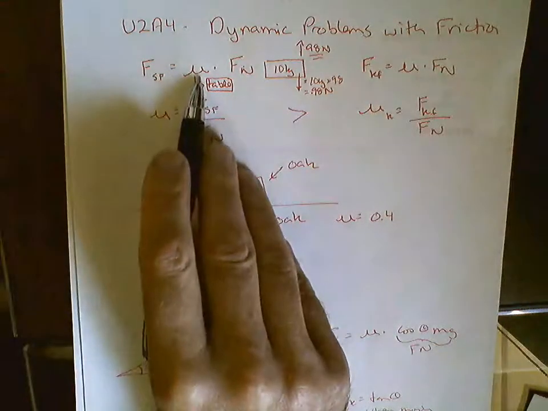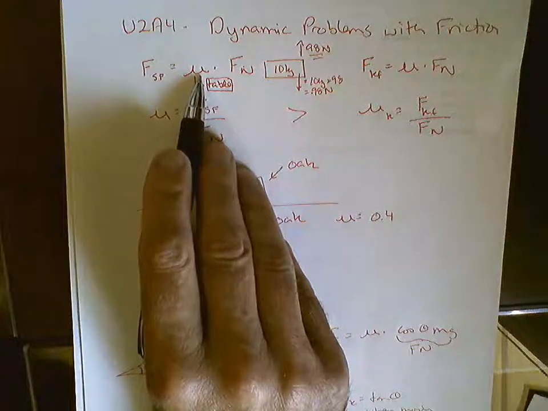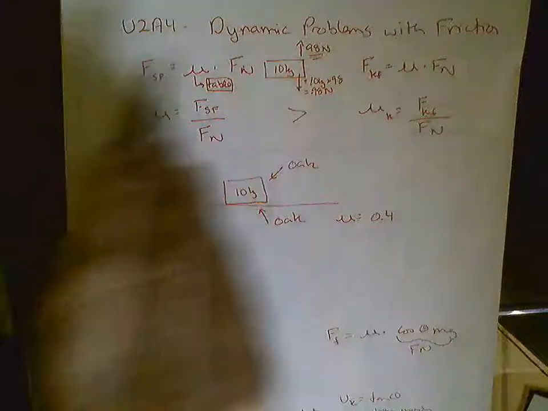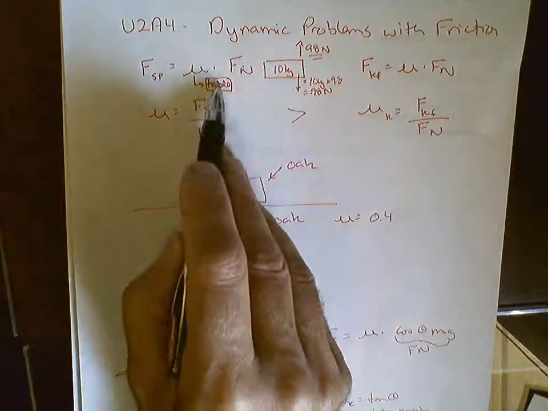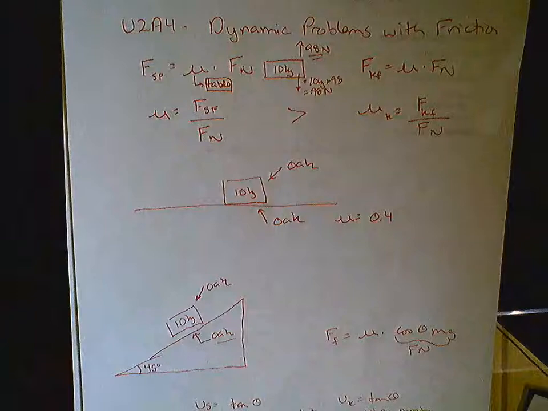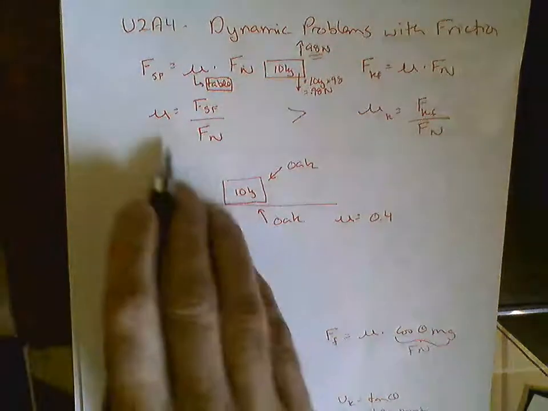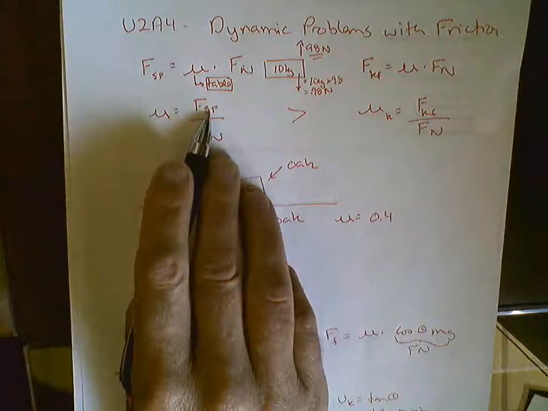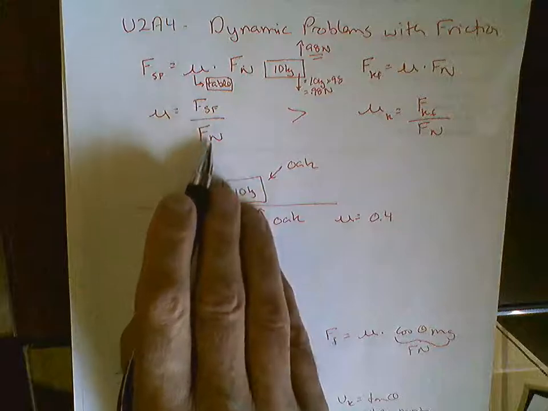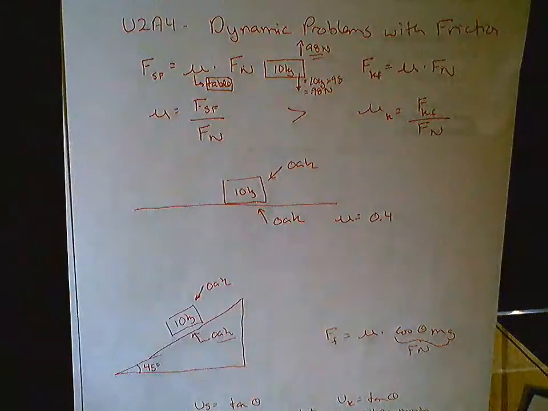So if we had a value of 0.5 for our coefficient that we look up and we take our normal force, half of the normal force would be equal to our static friction force. Now, one way you can determine the coefficient of friction is to rearrange this formula: take the static friction value and divide it by the normal force.